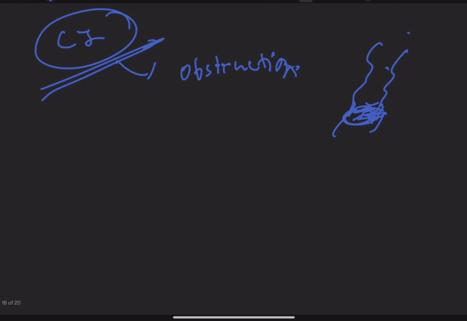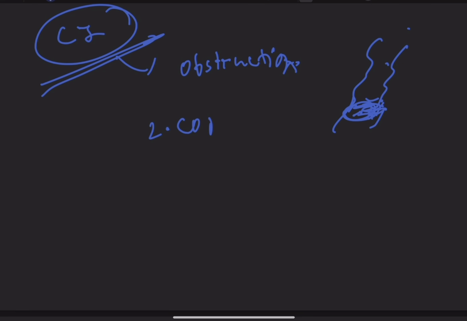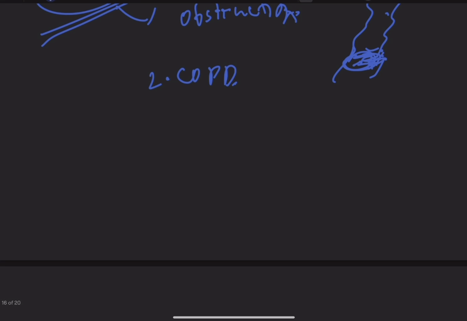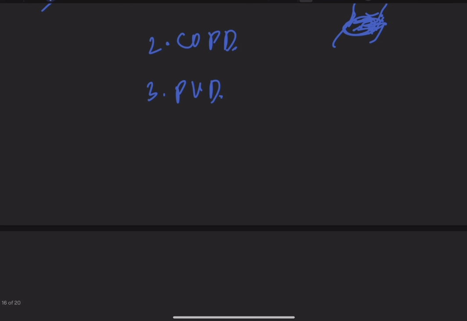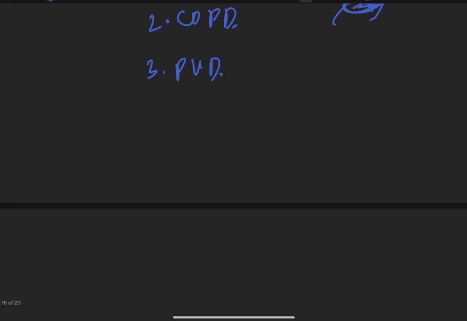So we will not use it in any obstruction, or in COPD or asthma patients, because it causes bronchoconstriction. It also can't be used in peptic ulcer disease because it increases the acid secretion and will worsen the peptic ulcer disease.